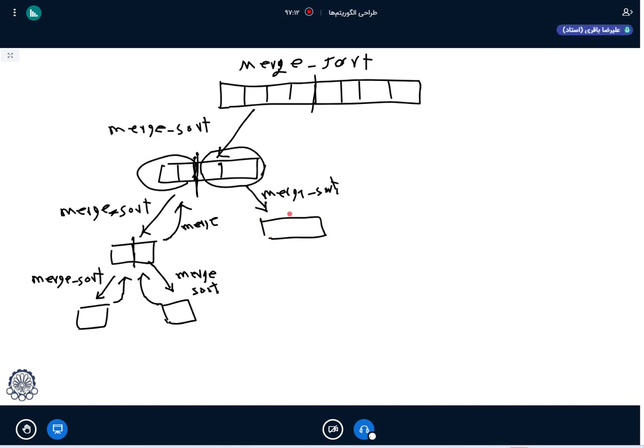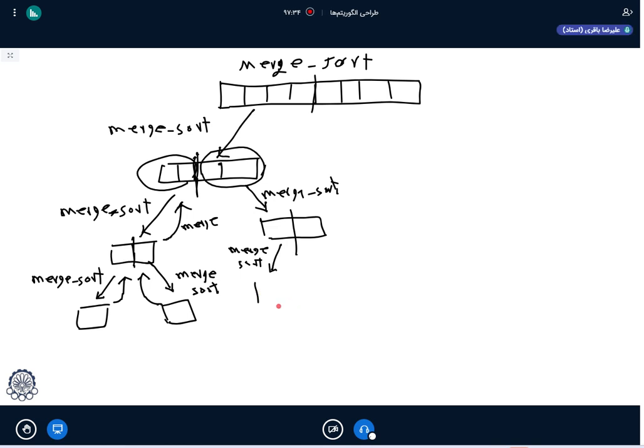This part has two elements, so it further divides the array into two parts, and for each part calls itself again. So merge sort is called for the first part.